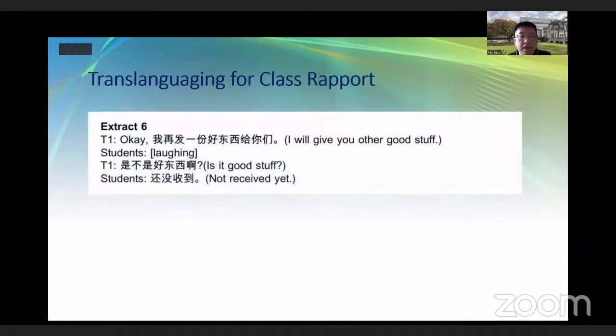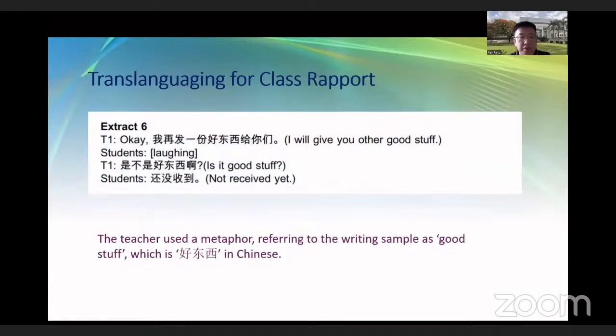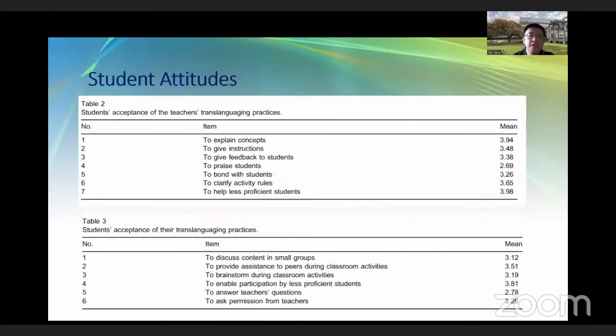And translanguaging was also used to create class rapport. So the teacher used a joke as a metaphor, a local metaphor, right, to create class rapport with her students.